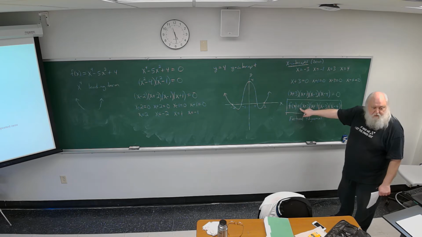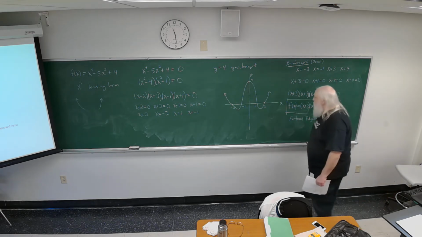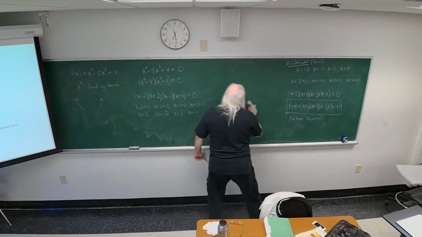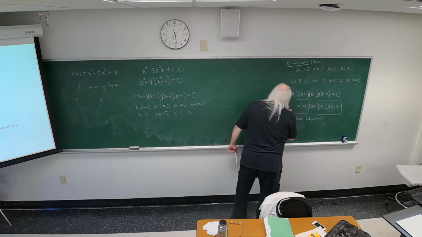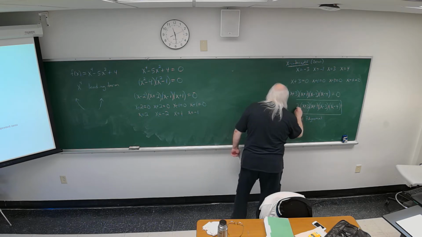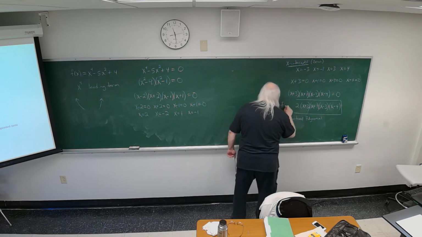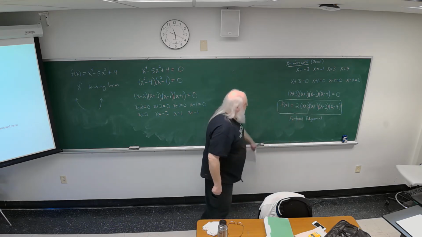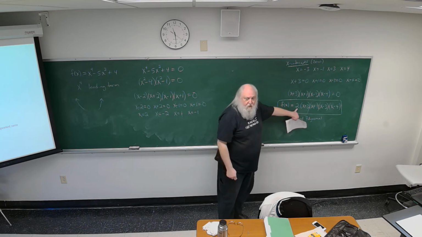I have to put a 2 there so that the leading coefficient is plus 2. That factored polynomial has a leading coefficient of 2. The number up front here is the leading coefficient.